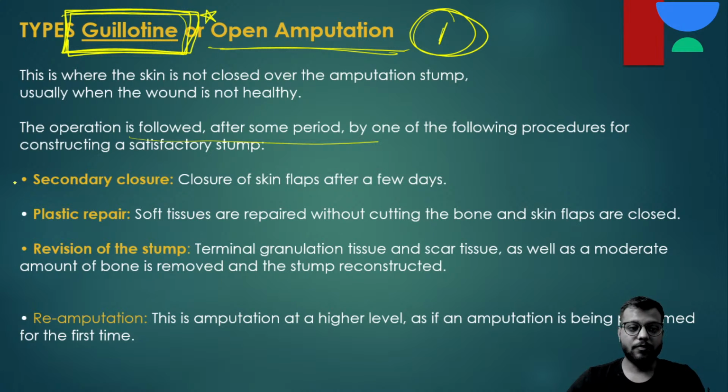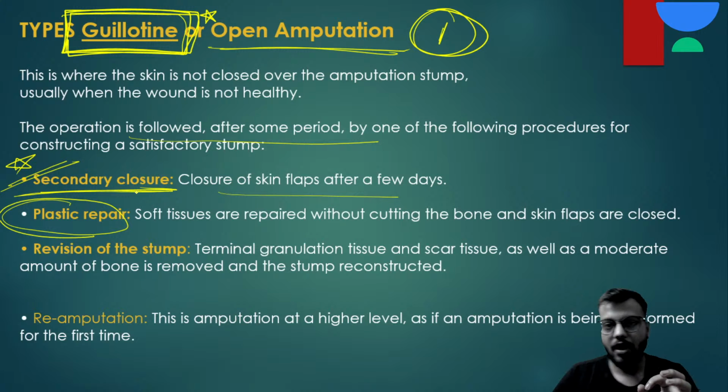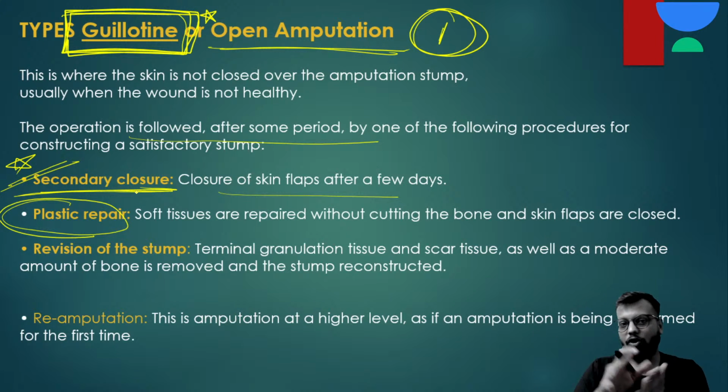And the most commonly done closure is the secondary closure, where you close the skin flaps over a few days, or plastic repair if the wound is not healed properly or closure is not possible just by approximating the skin flaps, then you need to repair the soft tissues, plastic repair.